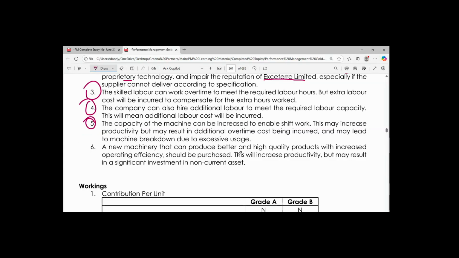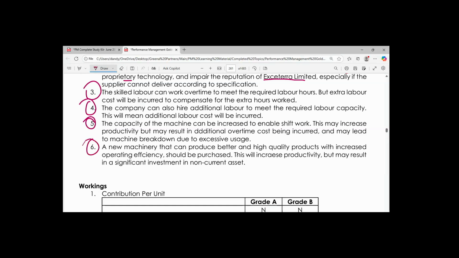This may increase productivity, but may result in additional overtime costs being incurred, because when you do shifting, additional costs will certainly be incurred. It may also lead to machine breakdown when you use the machine excessively. When the machine breaks down, you are going to incur another cost to repair it.